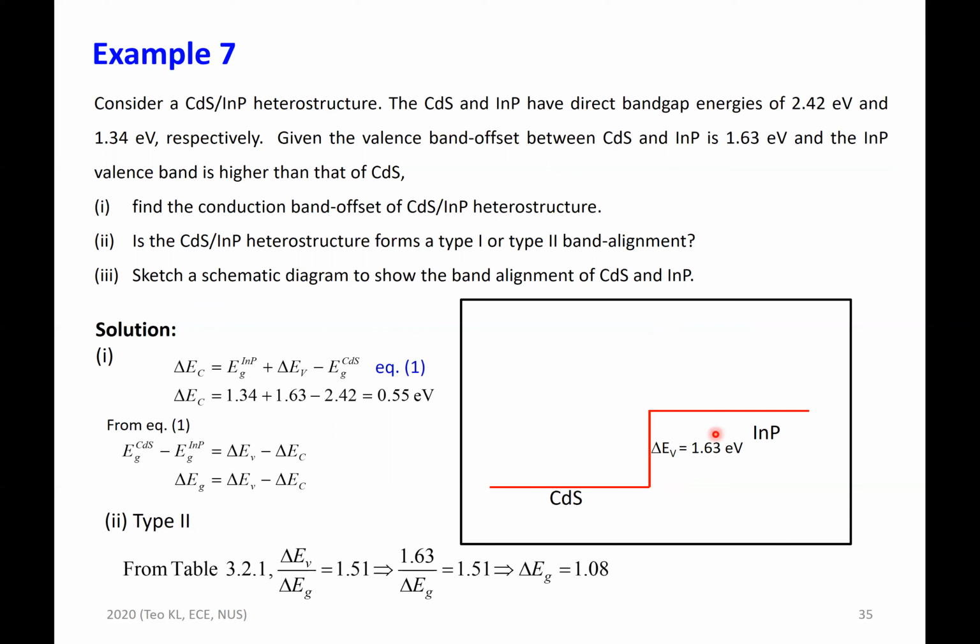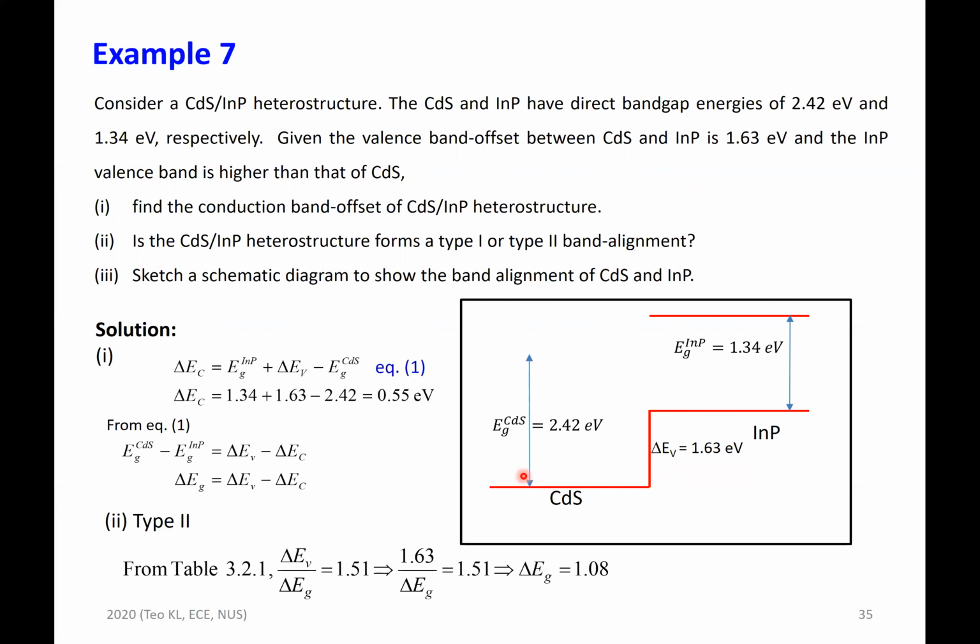Next, I draw the indium phosphide band gap, which is 1.34 eV. From the top of the valence band, I draw upwards, and that gives me the band gap of indium phosphide, 1.34 eV. Next, I draw the cadmium sulfide upwards, and that gives me 2.42 eV.